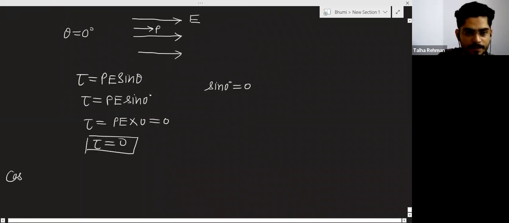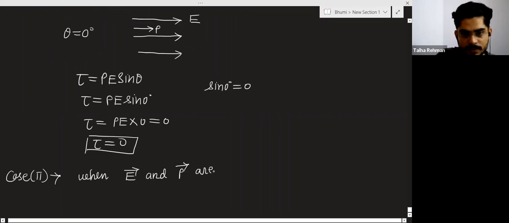Case second, when electric field and dipole moment are anti-parallel.